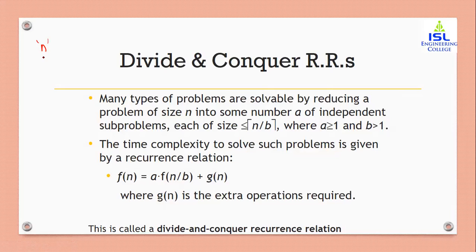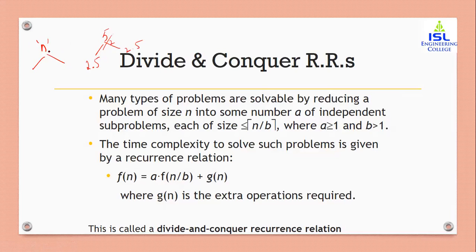Suppose we have a problem of size 5, and if we divide it into two subproblems, the size will be 2.5 and 2.5. That is, I am dividing it by 2.